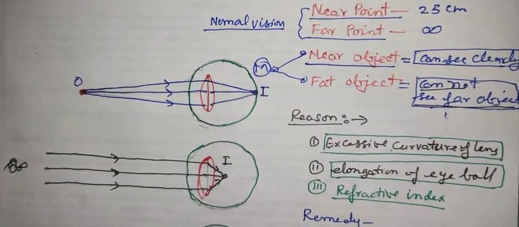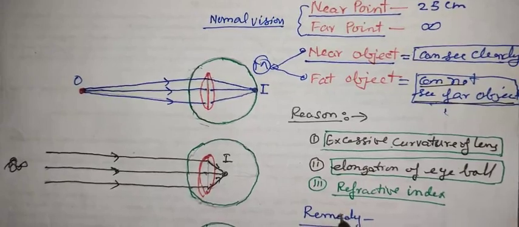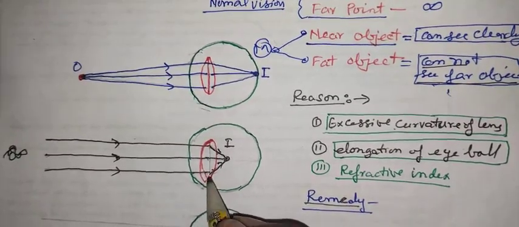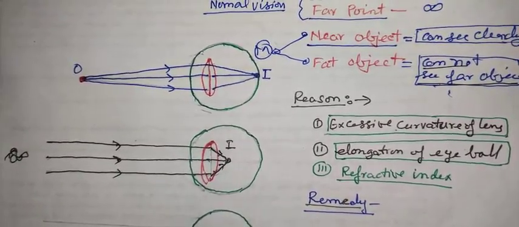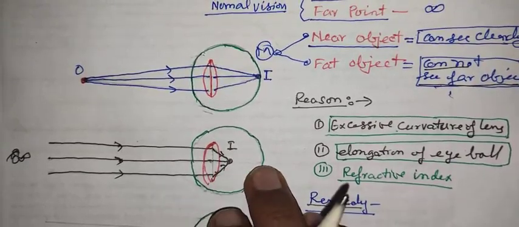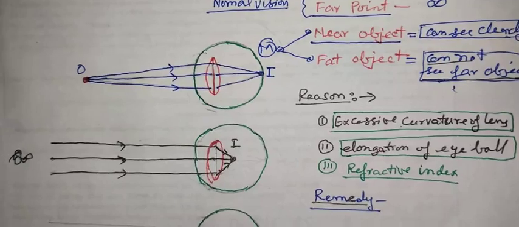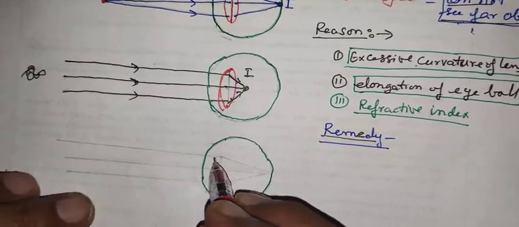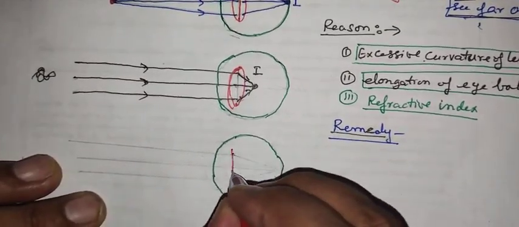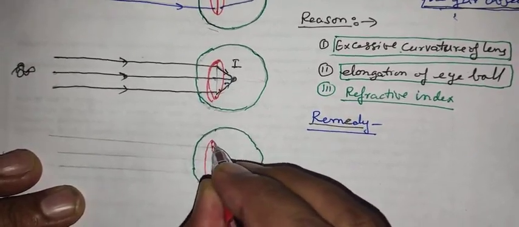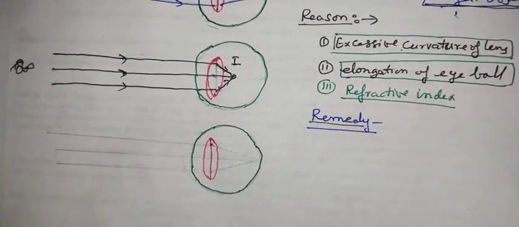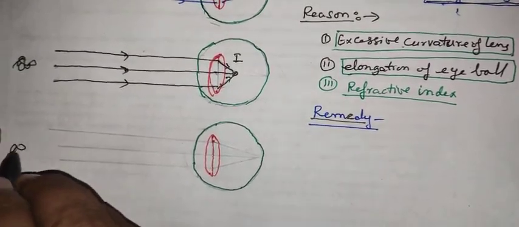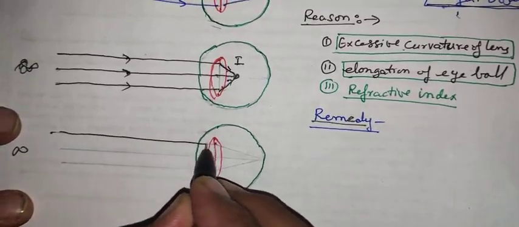So what is the cure? Cure means remedy. The remedy requires increasing the focal length of the eye lens. If the image is formed on the retina, the person can see clearly. In the diagram, let this be the position of the eye lens and this a far object with a parallel beam of light.